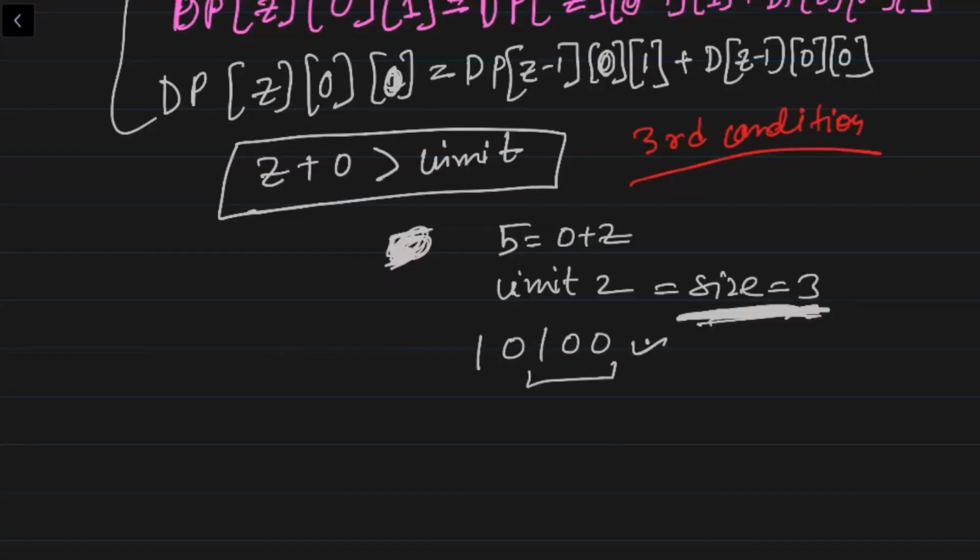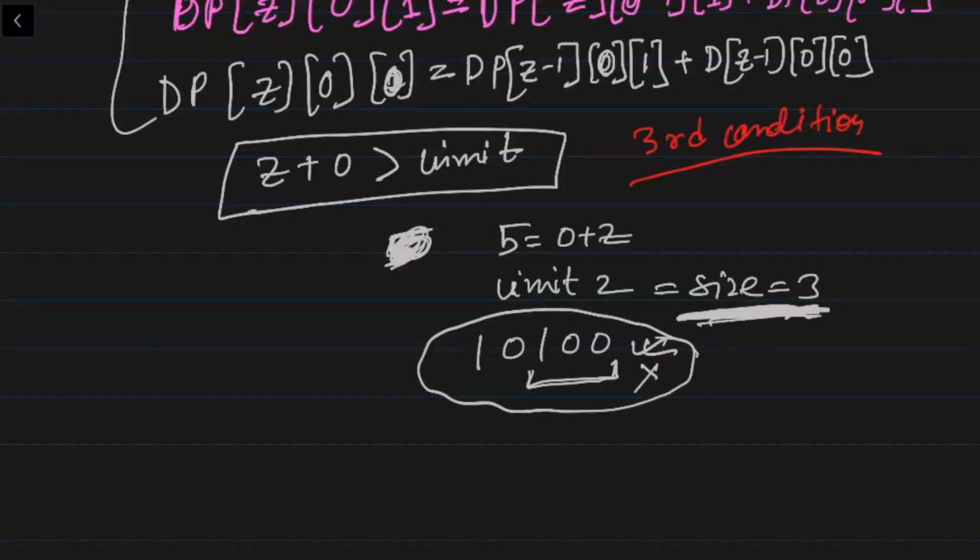But if for this window we have either only zeros or only ones, then this is not going to be valid, and we have to subtract those combinations. So how are we going to find this combination?